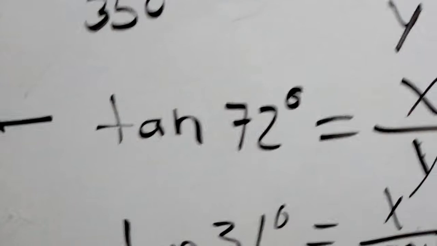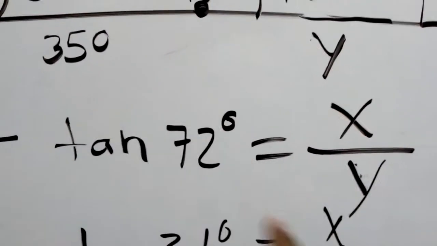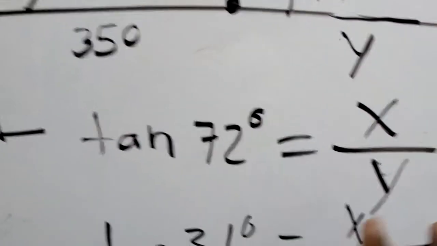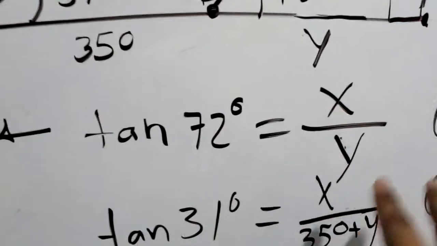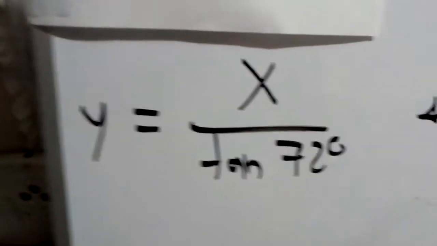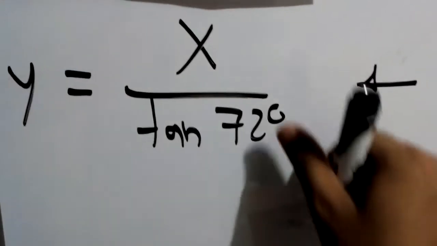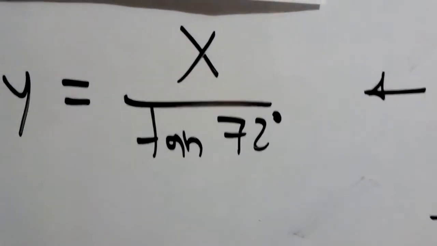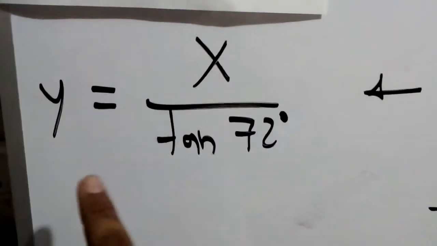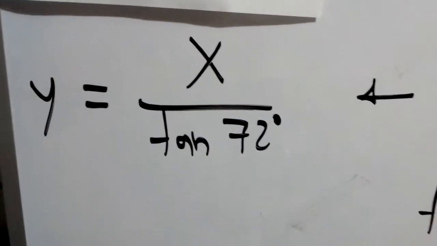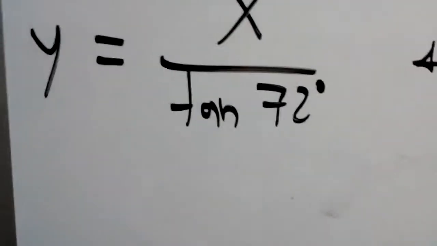Remember, you just pass this as a product and then this as dividing, and you get this. It's pretty big.